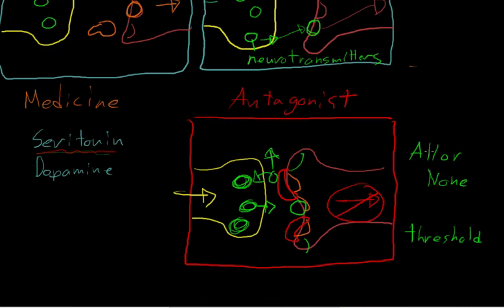And if you took a pill that was an antagonist for, say, dopamine or for serotonin, then it would have, I don't want to say the opposite effect, because that's not entirely true, but it would lessen the effect of whatever molecule you are antagonizing.